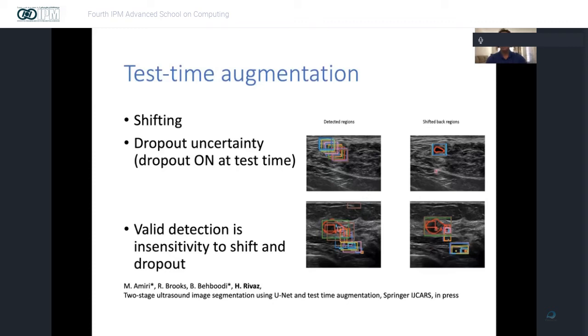So here we see very small variance in our detection. Here we see a large variance. So we said that if we see a small variance, it's reliable, and if it's a large variance, it's not reliable. Based on that, we were able to significantly improve the quality of segmentation in this paper, which is now in press.